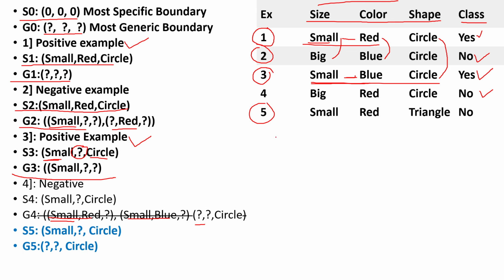The specific is the same, and the question mark is again the same. The second parameter is also the same, and as we are not modifying the specific because it is a negative example, again there is no change. So this is the final answer for the specific hypothesis and general hypothesis.